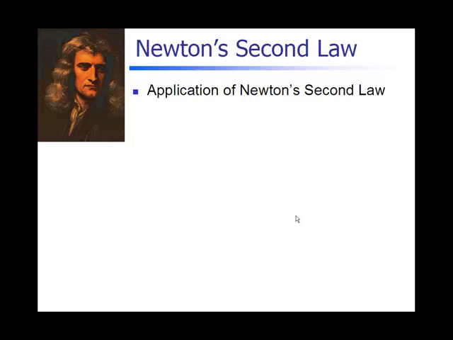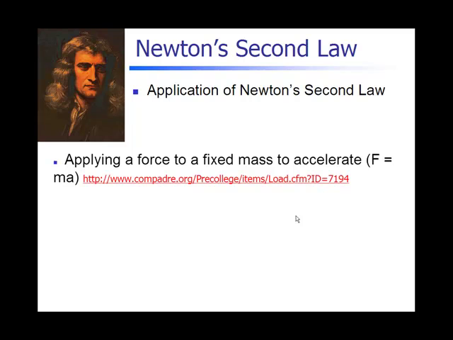Now, let us take a look at some applications of Newton's second law. We can apply Newton's second law to a fixed mass to accelerate. Using the equation of Newton's second law, change of momentum over time, it translates down to force equals mass times acceleration. So if you have a specific force and a fixed mass, you can compute the acceleration from those known values.